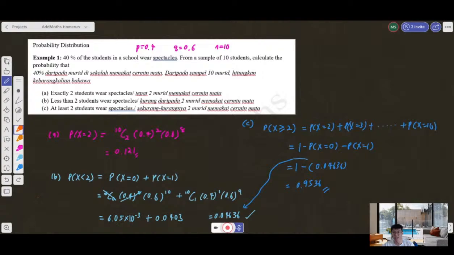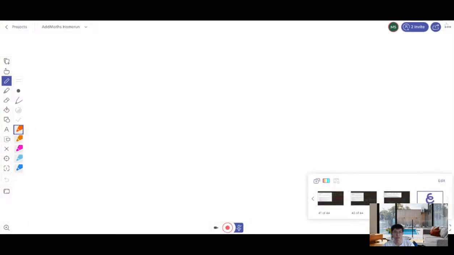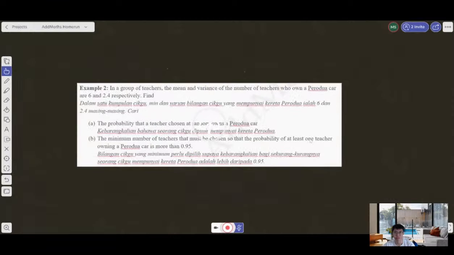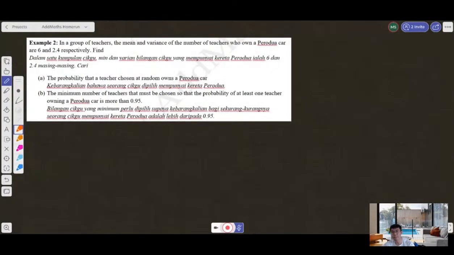Okay, so in another word, question 2: in a group of teachers, the mean of number of teachers who own Permutation car.